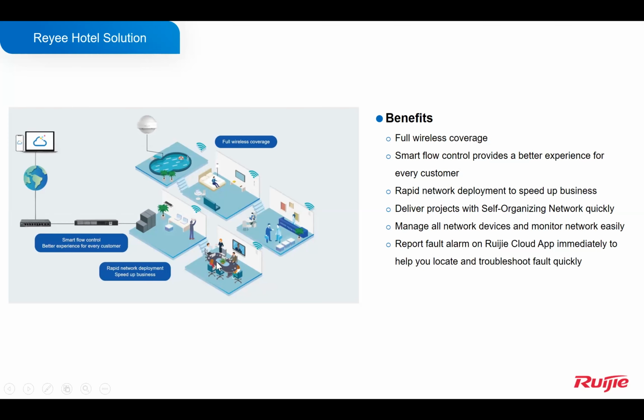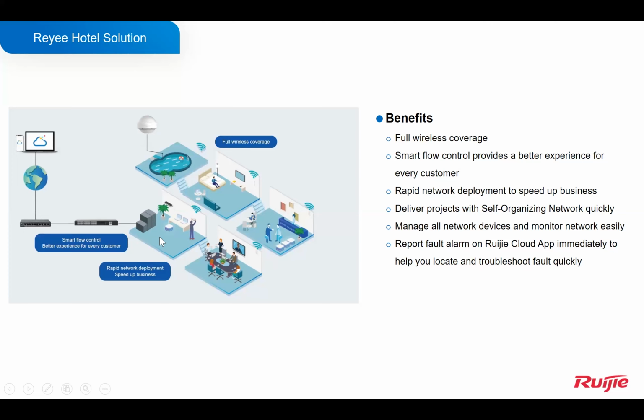Our hotel customers need to access the network and have meetings online through video, so we have to provide a stable network. And the last area is our staff area.